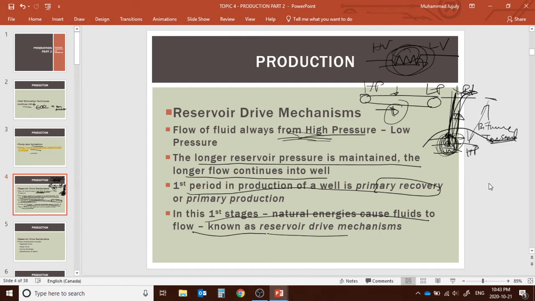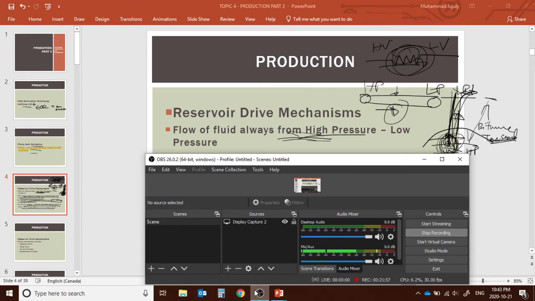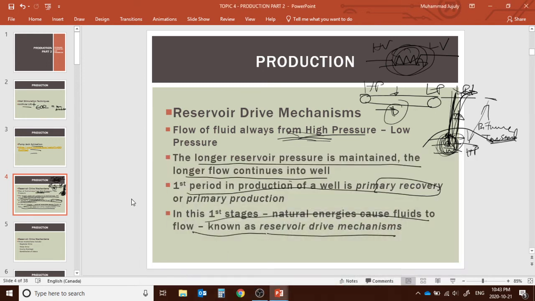We call it the reservoir drive mechanism. That is totally natural. We don't have to use any artificial lift or any enhanced oil recovery. So this is the natural drive.